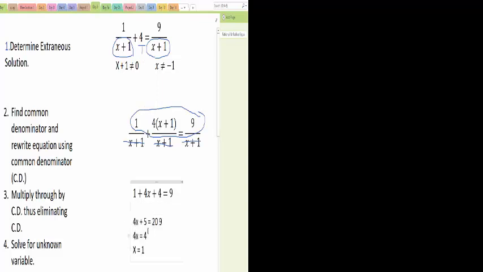And in solving, you see that x equals 1. Our extraneous solution was negative 1, and since it was not that, this is a good solution.